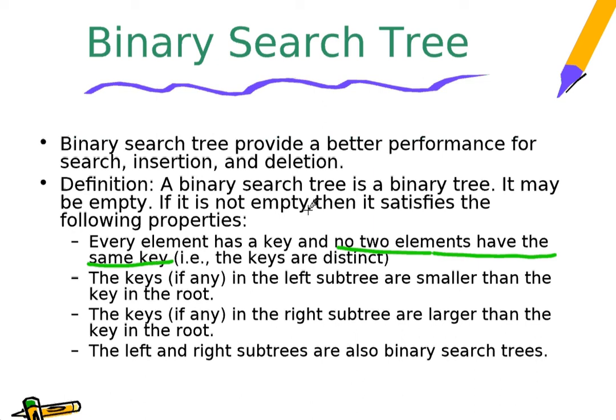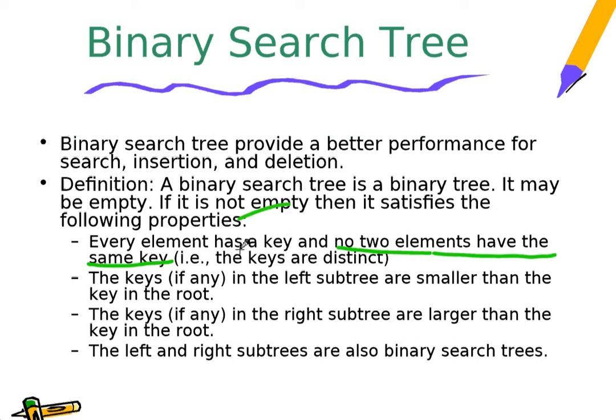Okay, we will try to understand the definition of a binary search tree. As per the definition, a binary search tree is a binary tree. It may be empty, or if it is not empty, then it satisfies the following properties. Every element has a key.